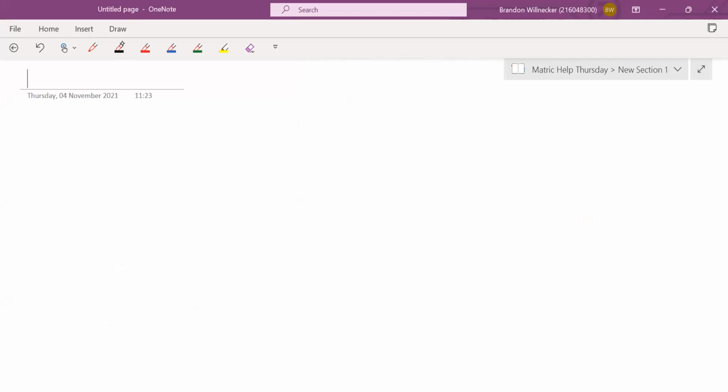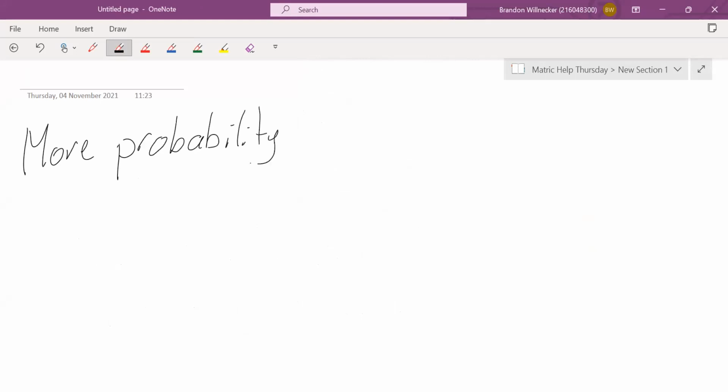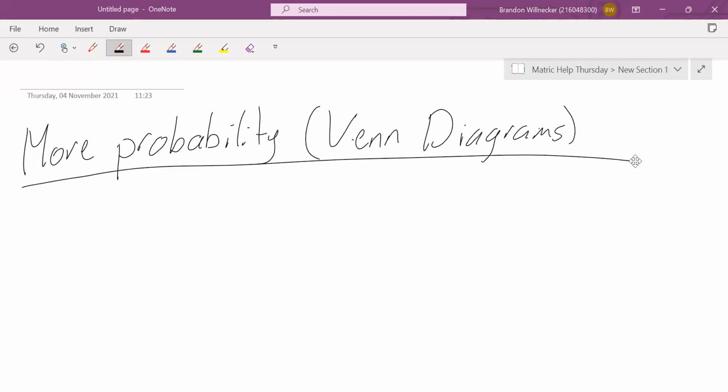We're going to look at some more on probability, and specifically Venn diagrams, because that comes up a lot.